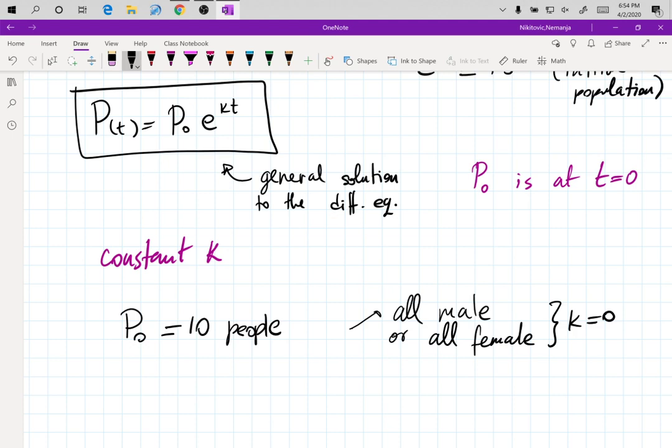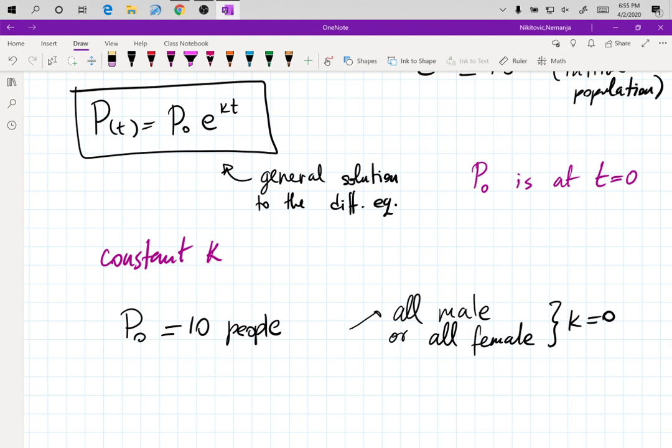If k is 0, e to the 0 is 1, so your initial population of 10 people is just the population. If you only have 10 guys and no one else is alive on the planet, well, there will be no new kids, because the gift of creating a life is with a female. Also, if you have all female, 10, and no male, again, no babies.